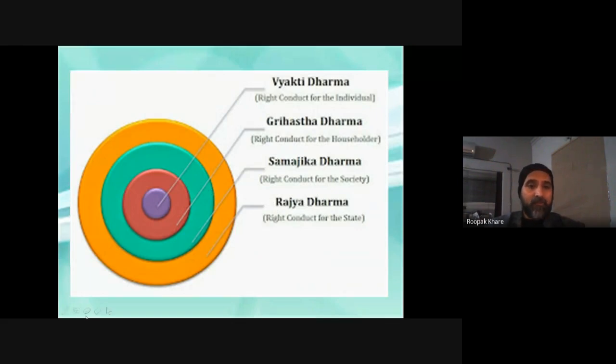Look at this set of congruent circles. In the center, it is the Vyakti Dharma, the right conduct for an individual. That should be core. An individual should be right in his behavior, in his beliefs, the way he carries himself.